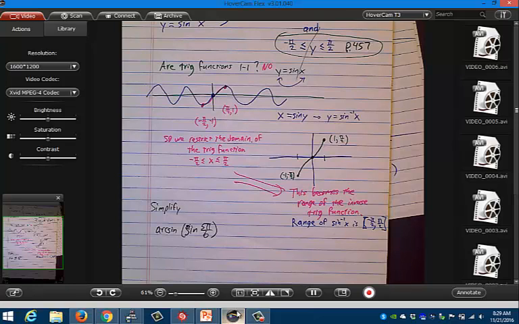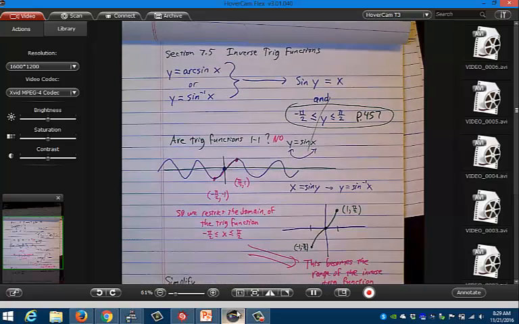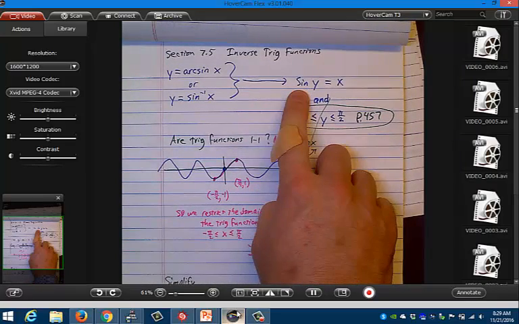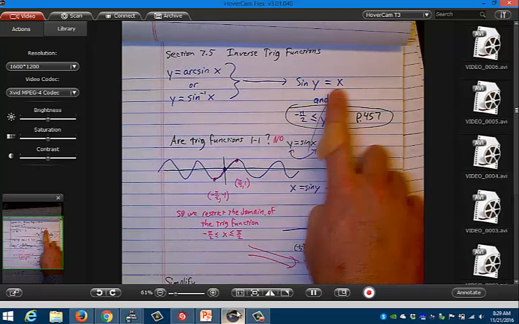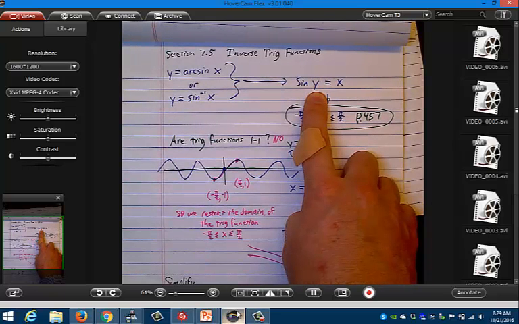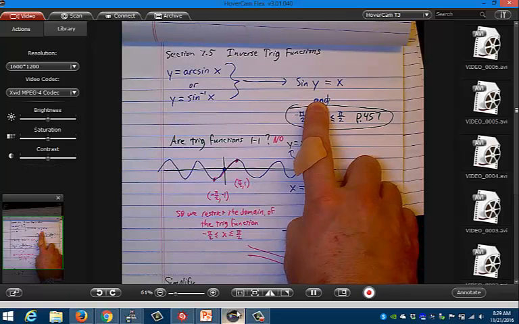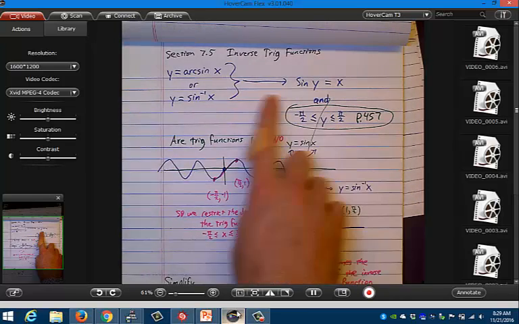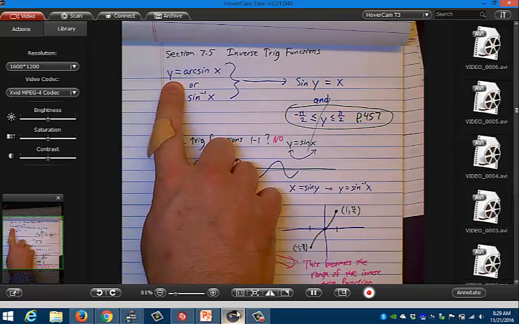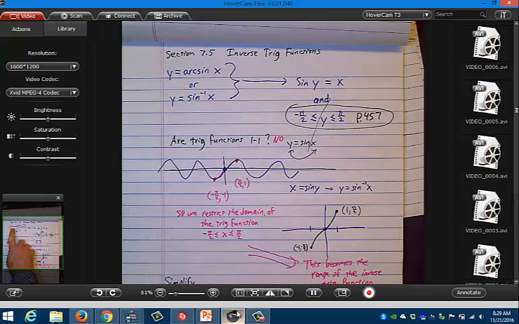Because if you think about when you learn trigonometry, go back to sine. If I write sine of y equals x, y is an angle, you could say, right? A certain number of rotations. So in the inverse trig function, we switched input and output. Y is going to be an angle. The output is an angle.